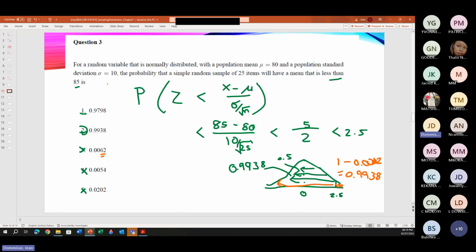Okay, so if I don't tell you you're working with a sample, you assume it's population and you use the formula that does not include the n, and you just say x minus the mean divided by standard deviation. Okay, but when we start talking sample, that is where we use these formulas from chapter 7.